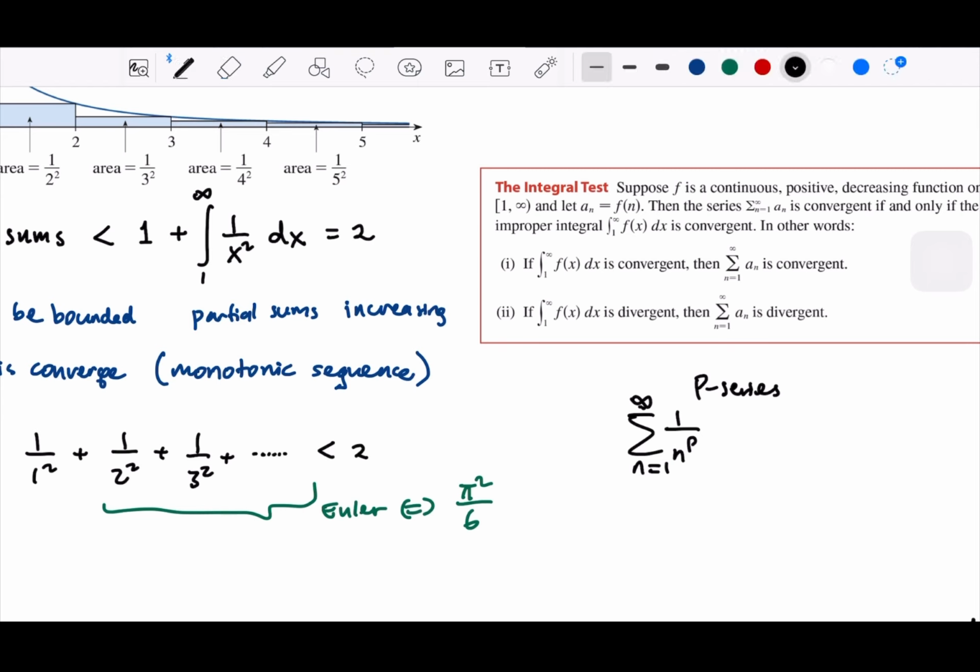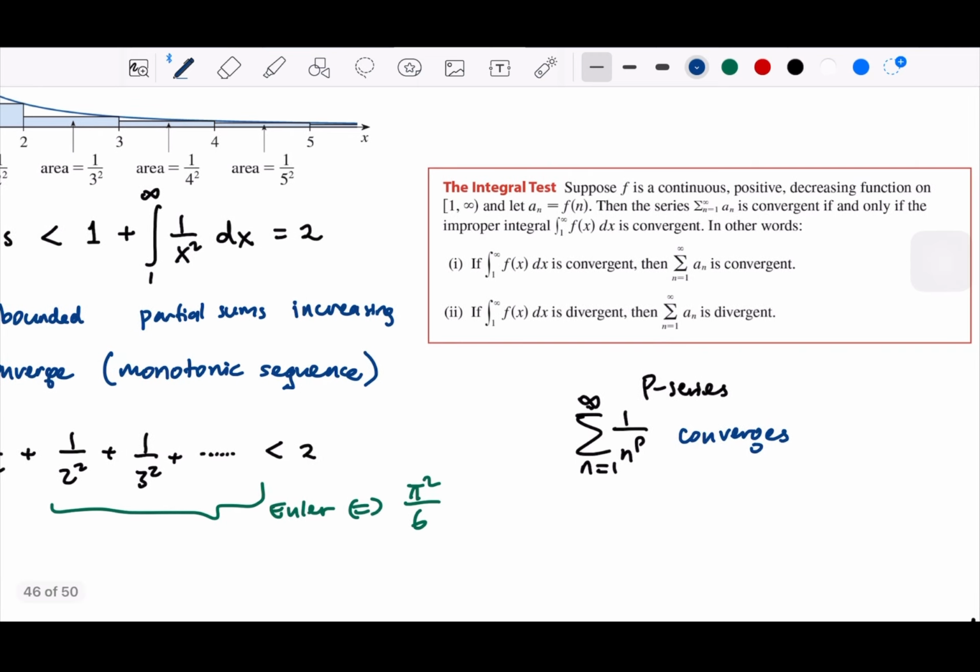So this will converge if we take these standards. So if p is greater than 1, and let's say it diverges if p is less than or equal to 1.